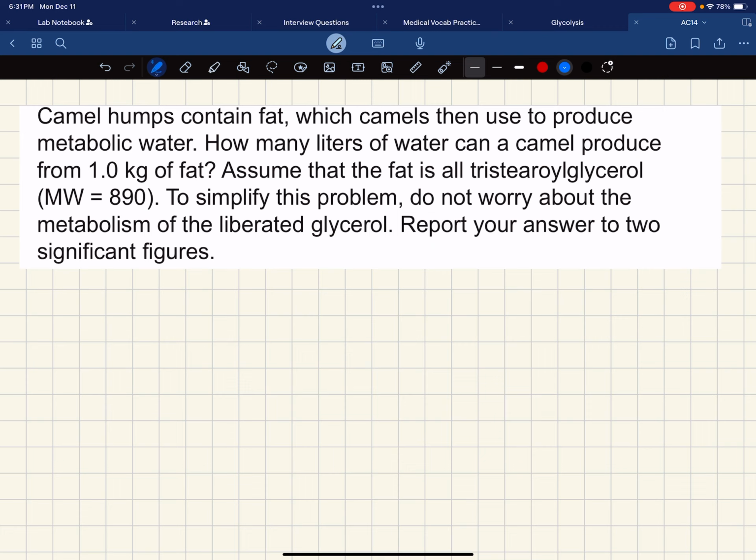Because from beta oxidation, you're essentially able to produce water, whether that's from the process itself or the downstream processes as well. And so he's saying the fat is all tristearylglycerol.